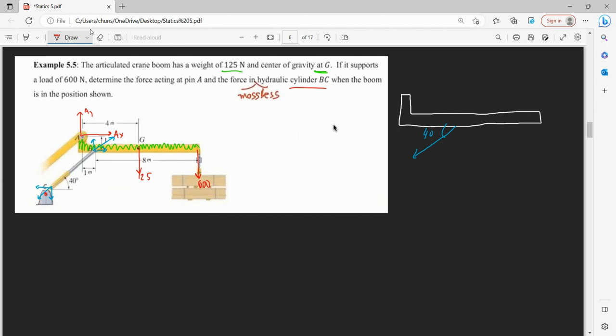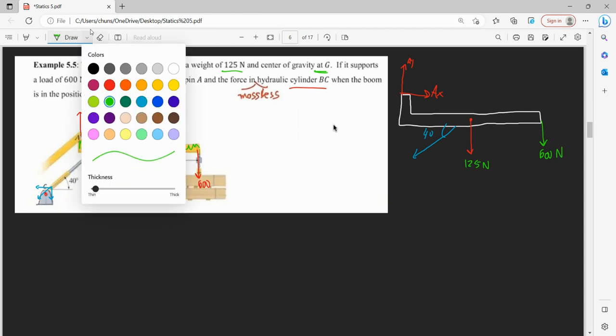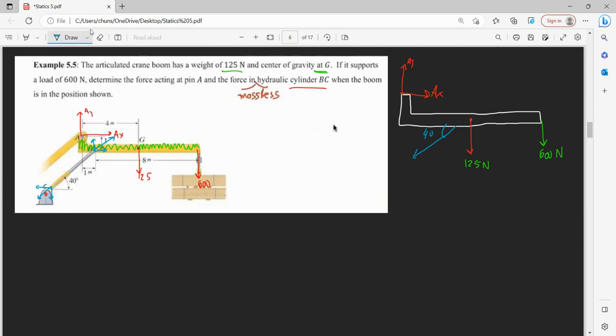So now at point A, we have an AY, because it's a pin, and an AX. The center of our gravity, we have a weight of 125 newtons, and we have our load of 600 newtons. So this is what our diagram looks like, and this makes sense that this is a two-force member, because without it, we would have more than 3 unknowns.